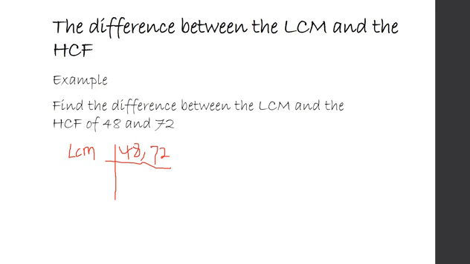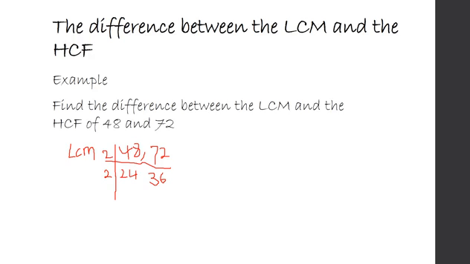If I want to do that of the LCM of these two, so 2 in 48, I have 24. 2 in 72, I have 36. Are you following? 2 can still go.